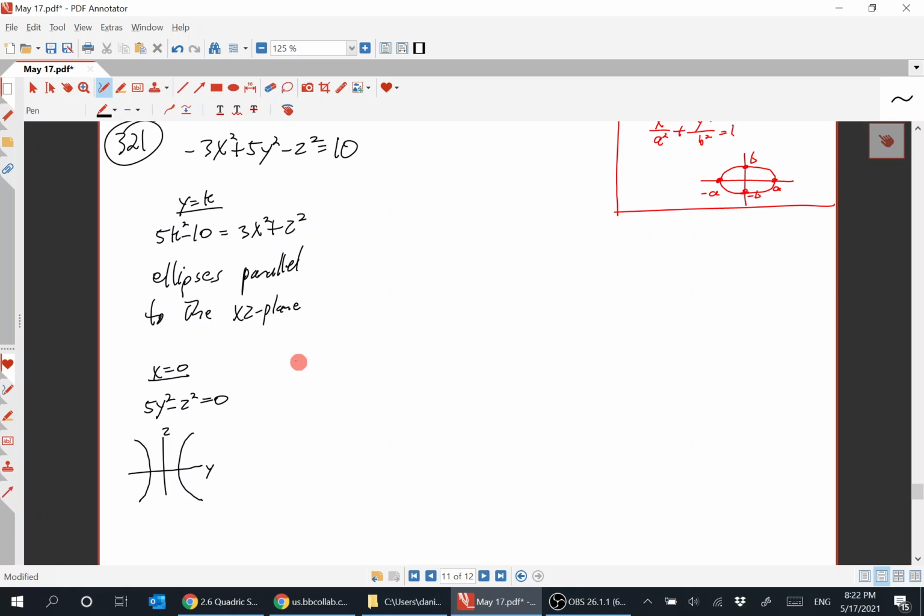And if you let z equal 0, then you get minus 3x squared plus 5y squared equals 0. So again, you get hyperbolas in the xy plane opening up along the y-axis.